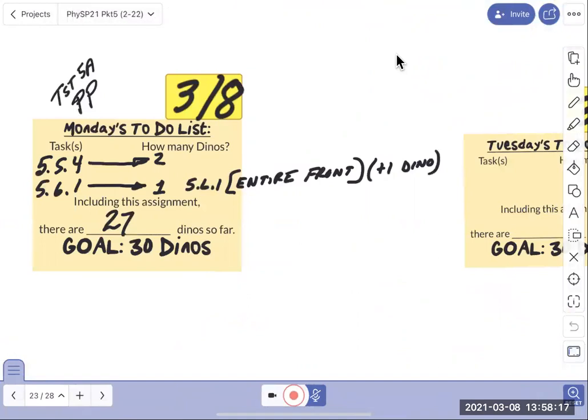The whole front of 5-6 basically should be done, and I'm offering them an extra dyno to make sure that's good. 27 dynos, 27 times 3, what is that? 81 points. So that makes this one worth quite a bit, to get 5-5 done and submitted.